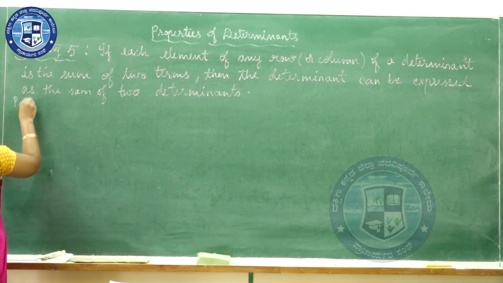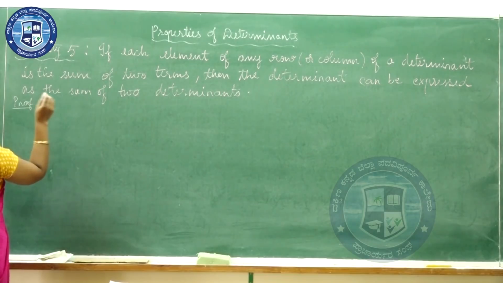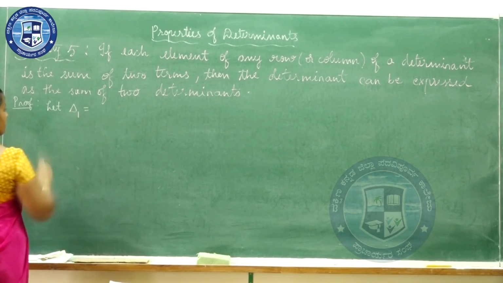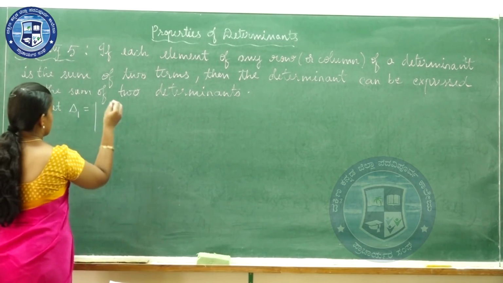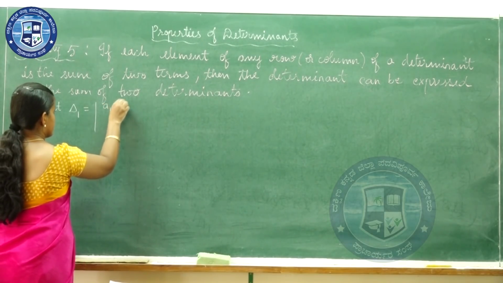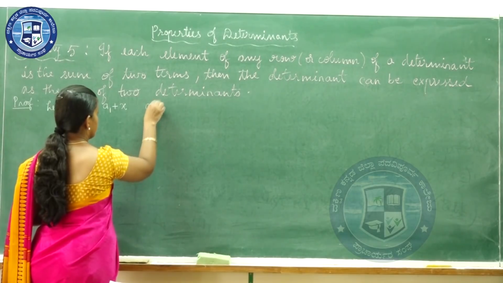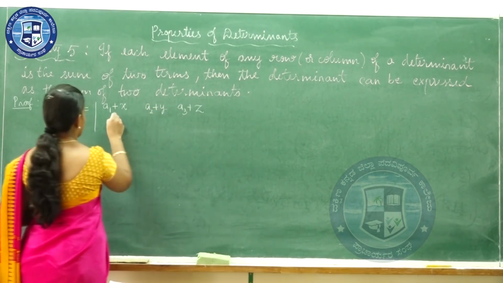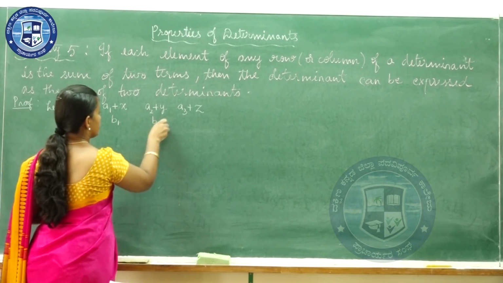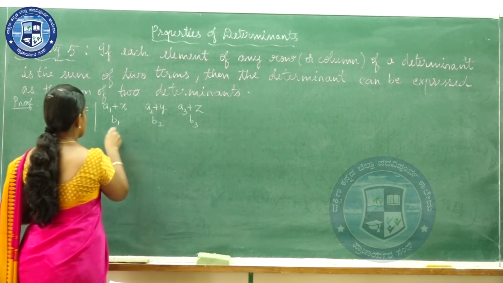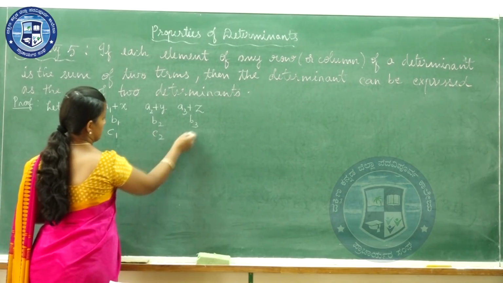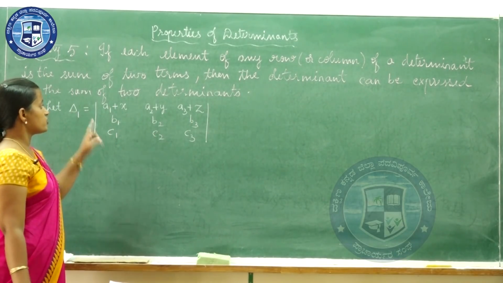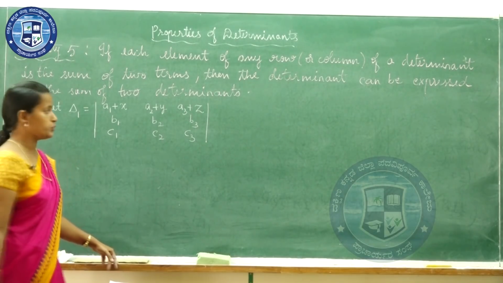So proof, let delta 1 be equal to the determinant with first row a1 plus x, a2 plus y, a3 plus z. Then b1, b2, b3, c1, c2, c3. Okay, so I am expressing the first row as the sum of two terms.